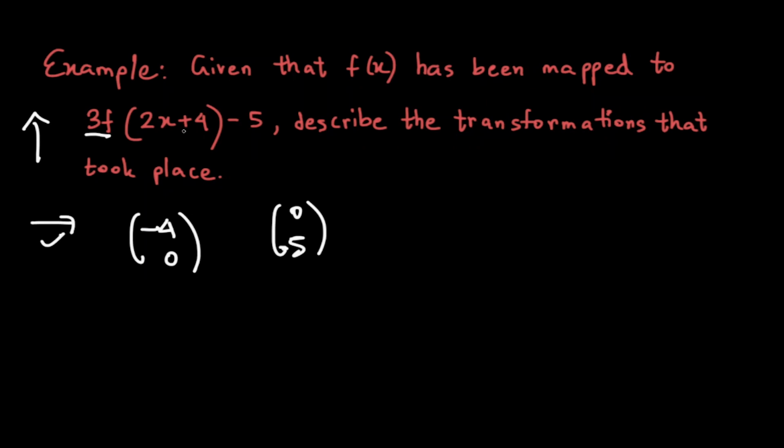Then the plus 4, the horizontal translation in the negative x direction. Then the stretch factor of 3 in the y direction happens next. And then finally the minus 5, the vertical translation of 5 units downwards, happens last.